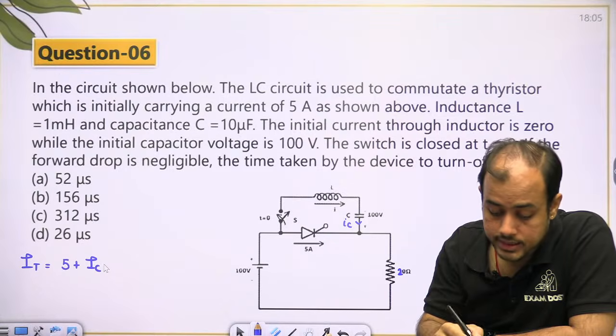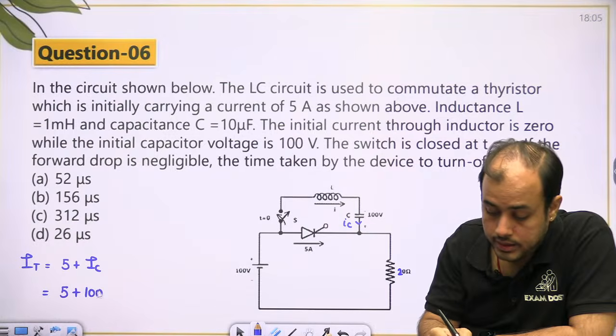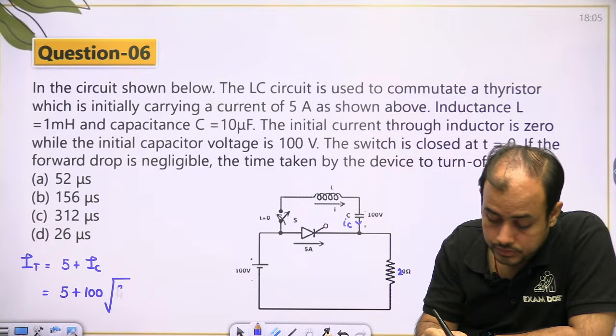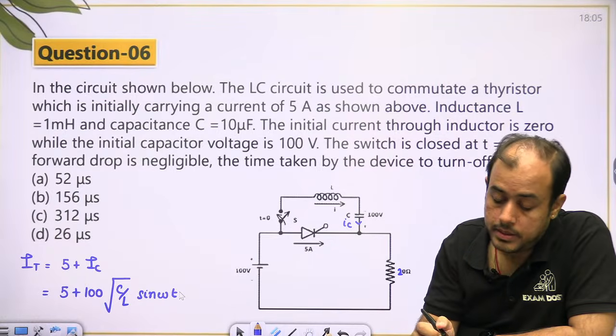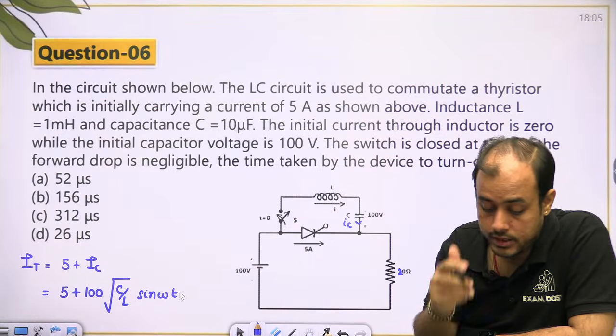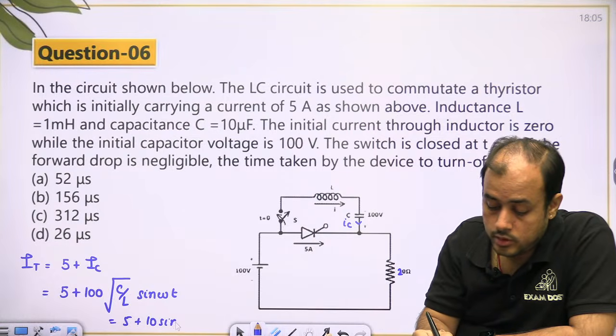What will be IC? 100 T by L is 10 की power minus 5, 10 to the 5 plus 10 sin omega.